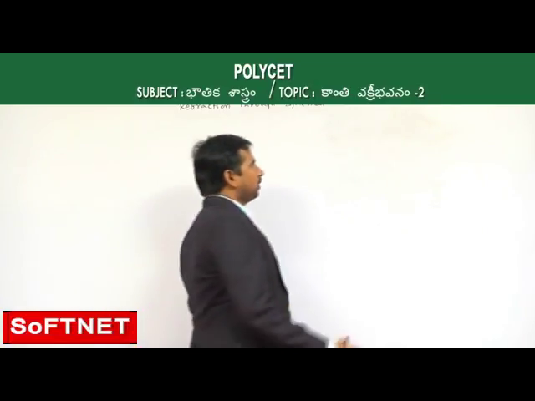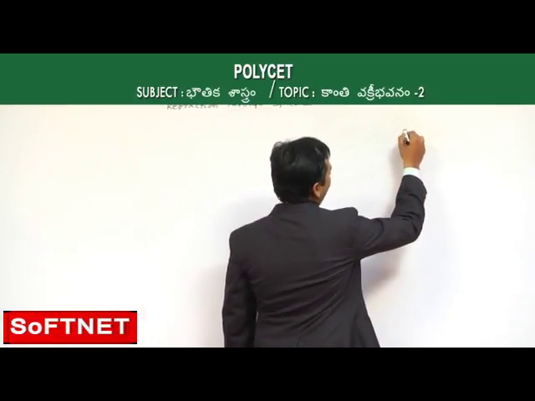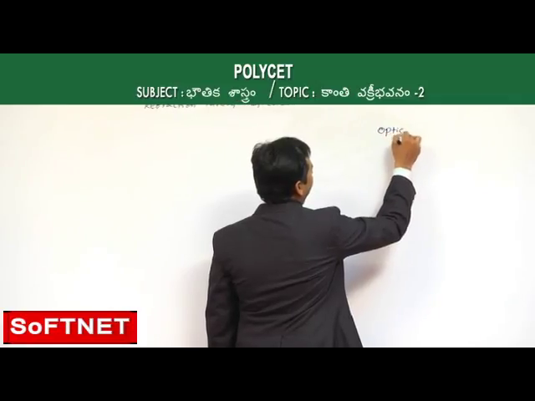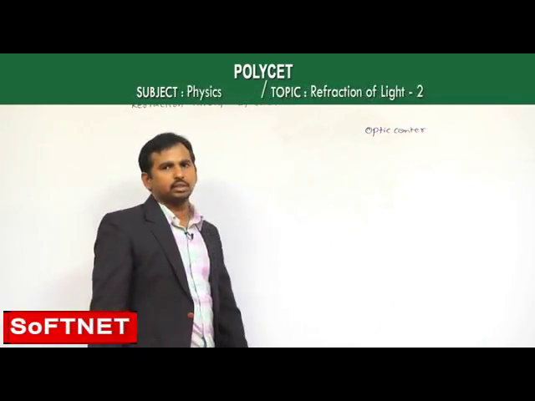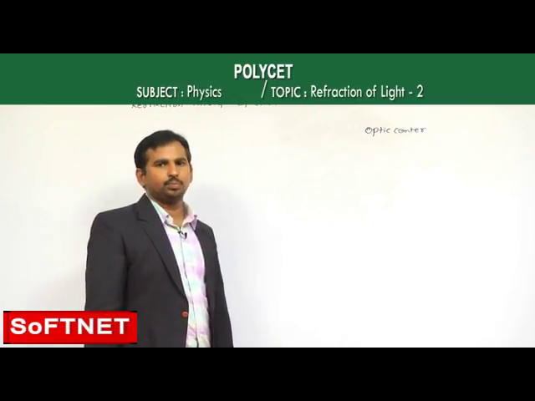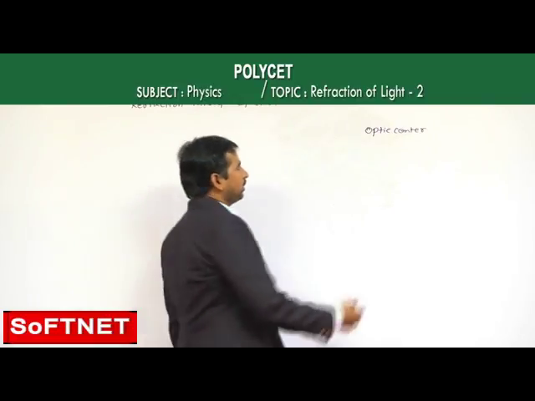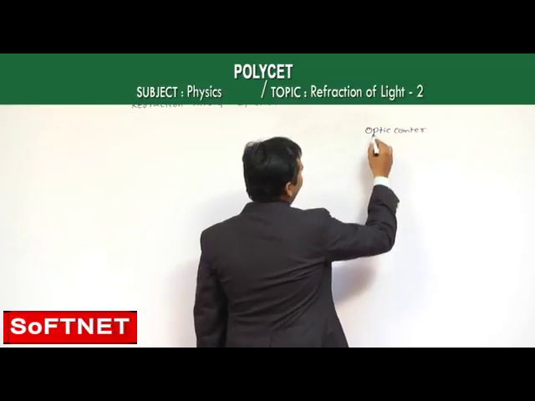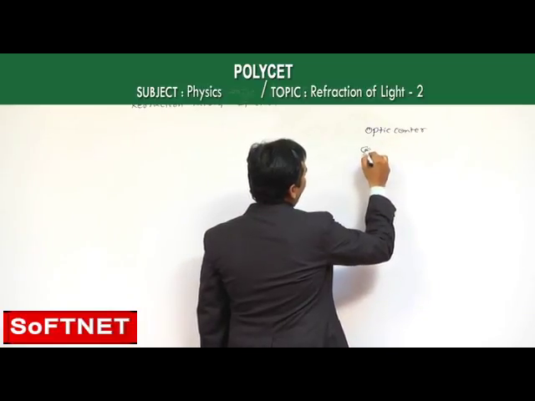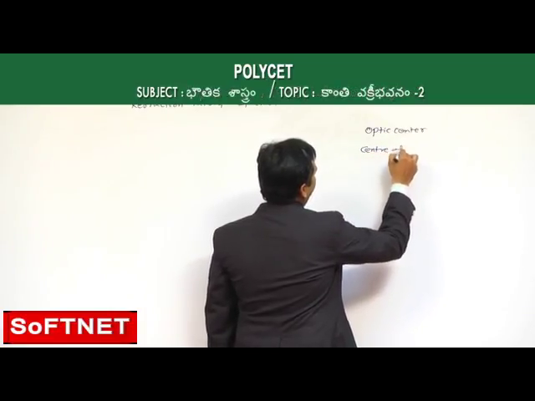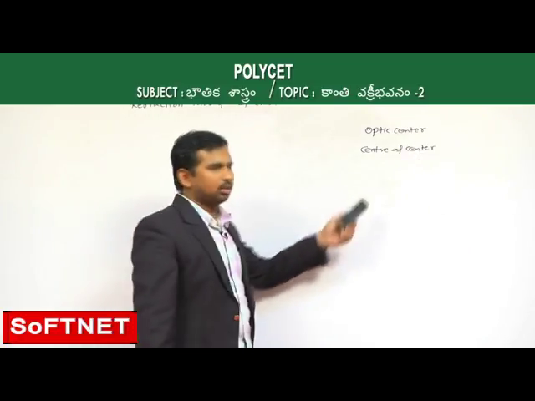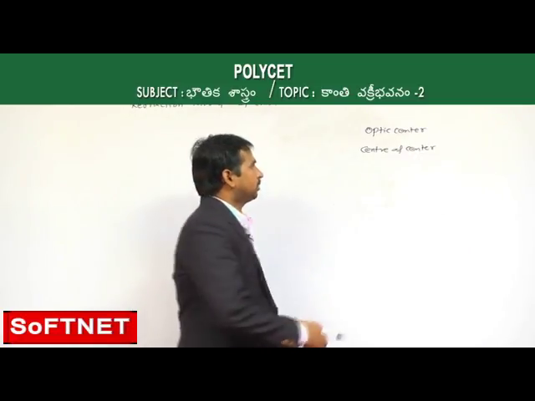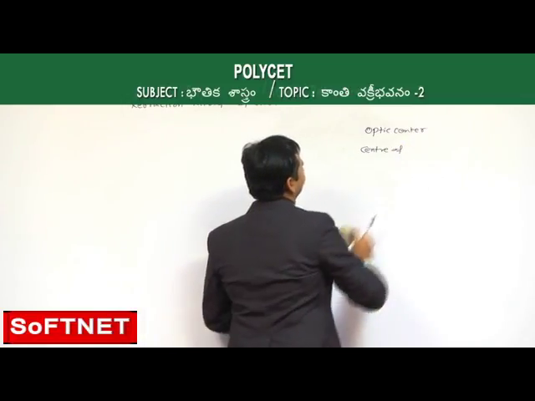As we already got those definitions, the first one is the optic center, which is taken as the geometrical center of the given lens or the midpoint of the lens. And the next one we are having is center of curvature.